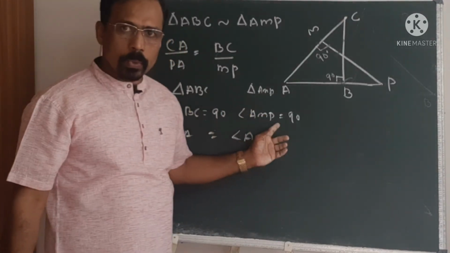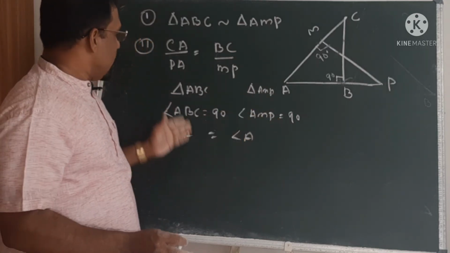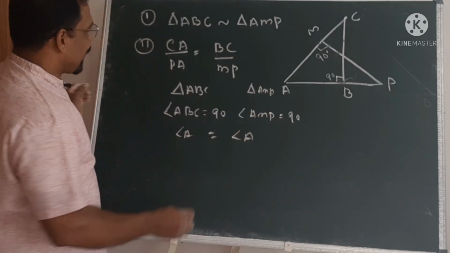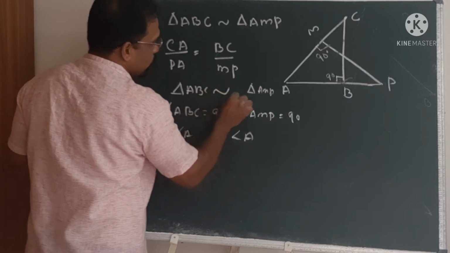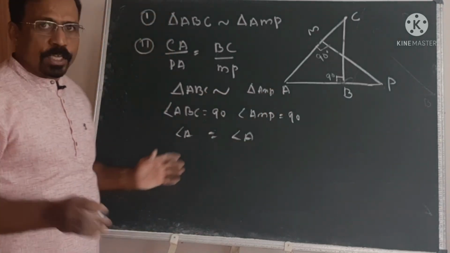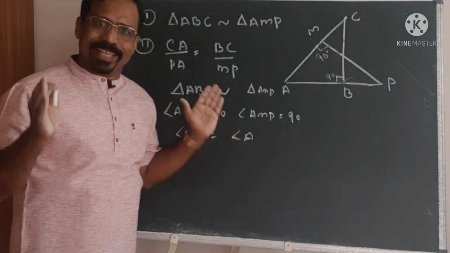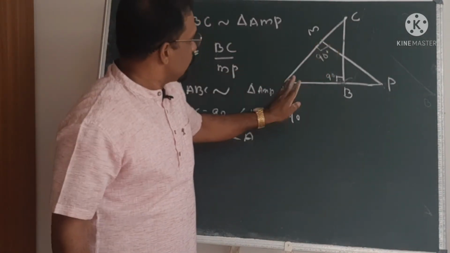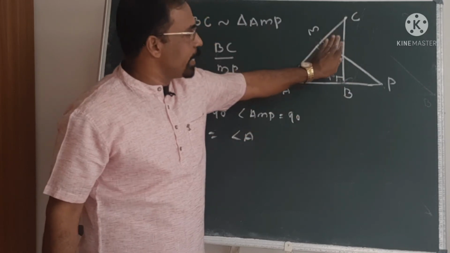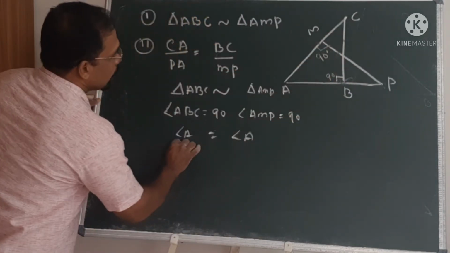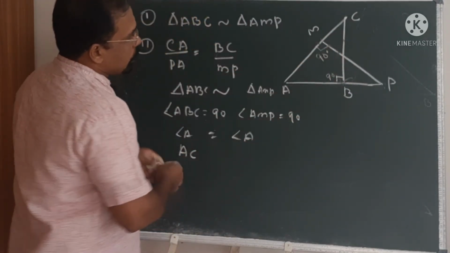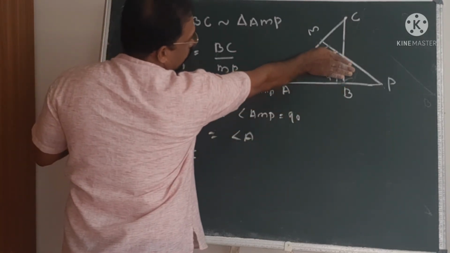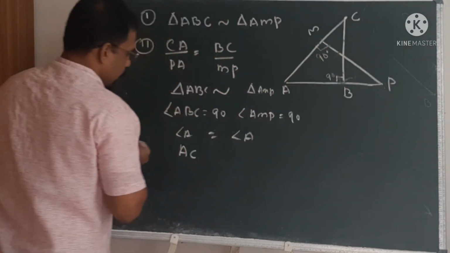So according to AA criteria, we can say that triangle ABC is similar to triangle AMP. If these two triangles are similar, then their corresponding sides are proportional. What is the hypotenuse of this triangle? AC, which is opposite to 90 degrees. Which is the hypotenuse here, opposite to this triangle? That is AP.